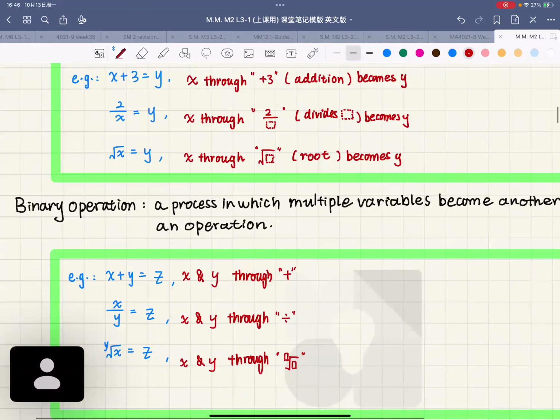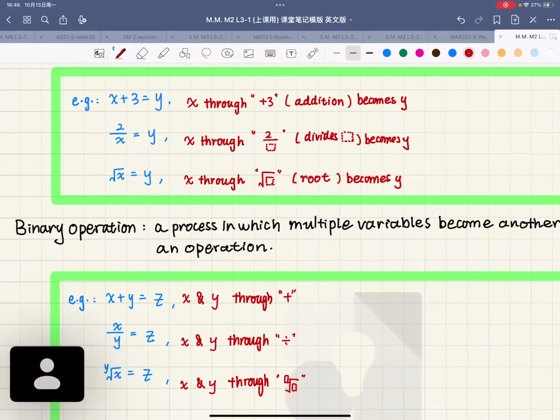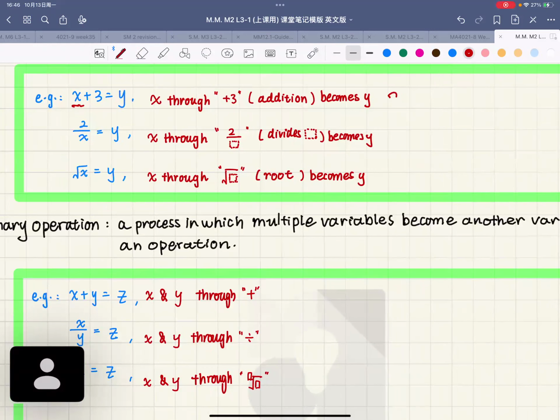So see here, we have x, that's the unary. So x is input, and y is output. Okay, x is input, y is output.